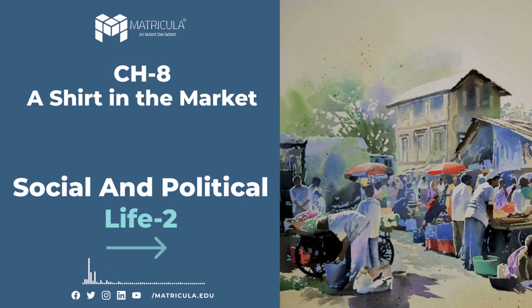Page number 100. There is a picture given here on page 100 of a shop selling ready-made garments. There is a note given beside the picture which reads, "Did you know that the ready-made clothes that you buy require the work of so many different persons?"